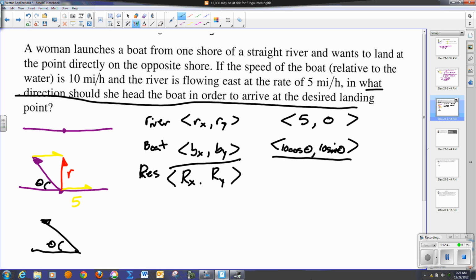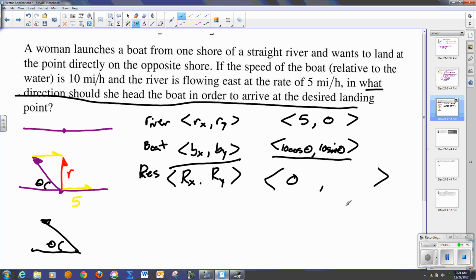That's going to give me my resultant vector. Now, I do know something about my resultant vector. I know my resultant vector is going to have an x component of 0.